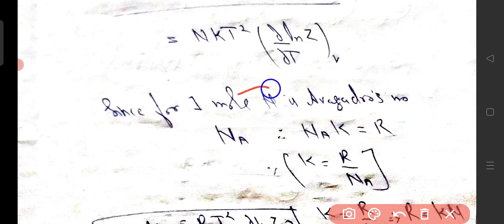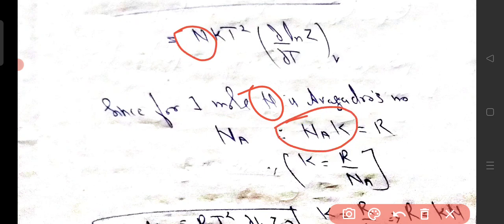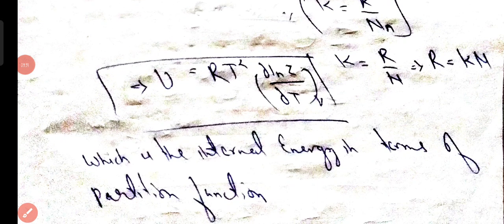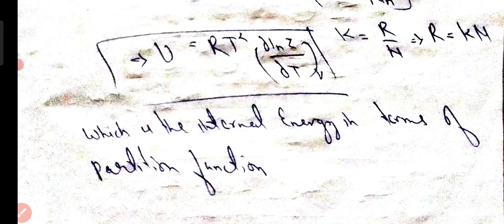So for 1 mole of gas you can replace capital N by Na, and Na into k is equal to R. How? This is a very famous relation: k is equal to R over Na. So put R in place of this, and you will get RT square d ln Z divided by dou T at constant volume, which is the internal energy in terms of the partition function.